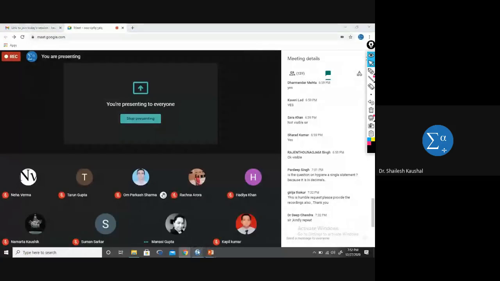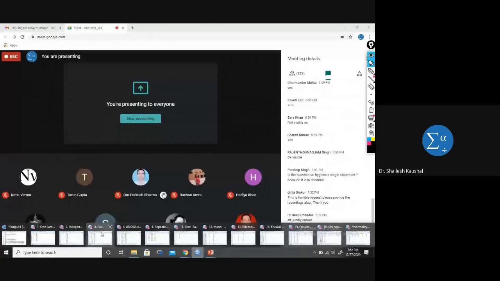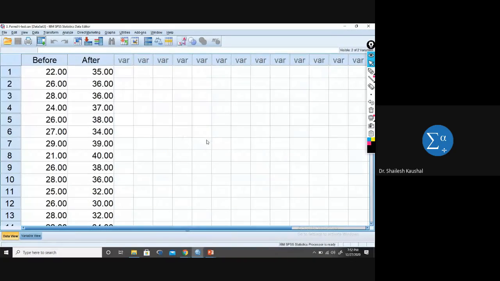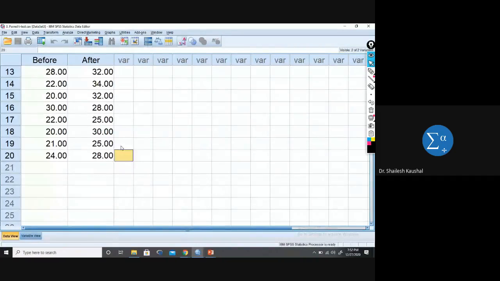Now I am taking the paired t-test. This case, yesterday, was related to attitude. So there are 20 teachers here.